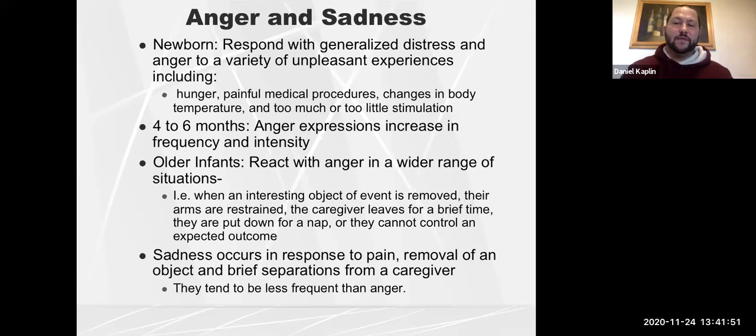By 4 to 6 months, anger expressions increase in frequency and intensity, and older infants start to demonstrate anger in a wider range of situations. For example, if an interesting object or event is removed, their arms are restrained, the child's caregiver leaves, or they're put down for a nap, they may express anger.